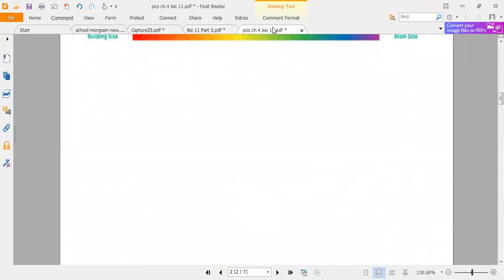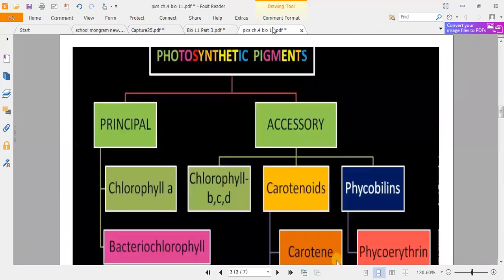Here we can see there are different photosynthetic pigments. Some are principal, very important, and some are accessory pigments.